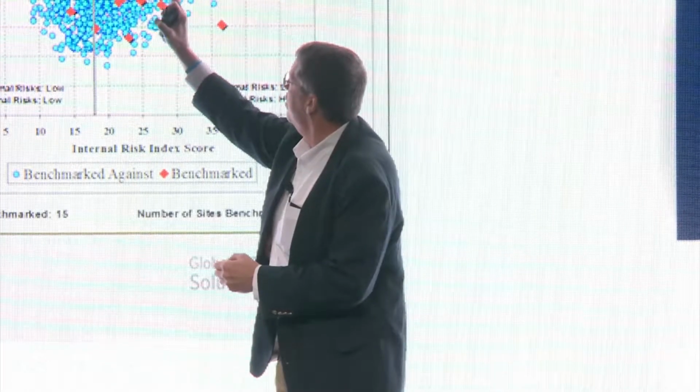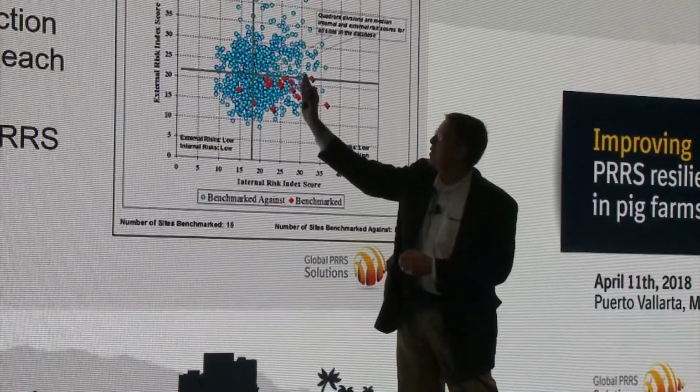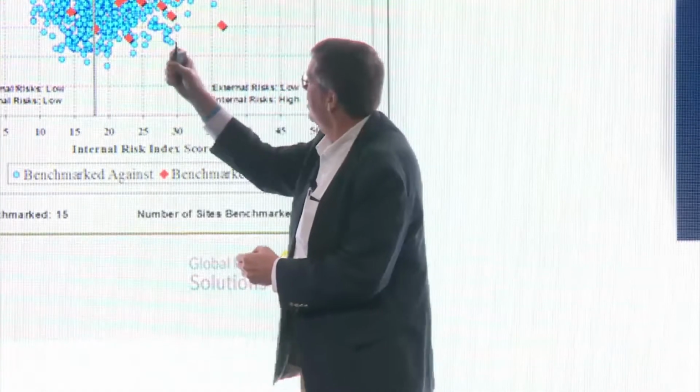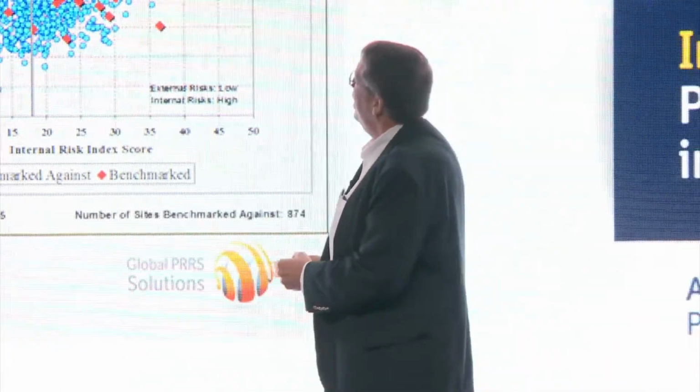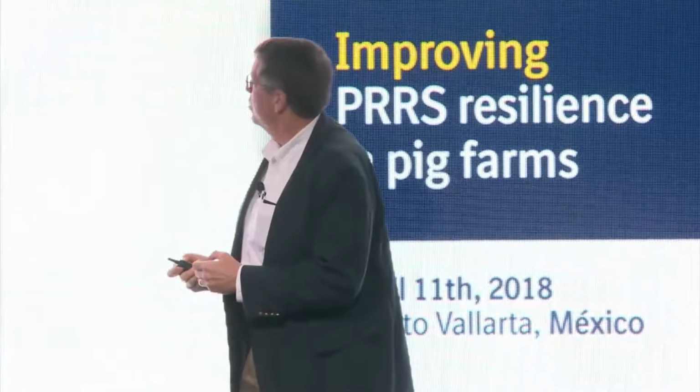In the first year or two, internal risk is reduced from left to right, or from right to left, sorry. But the main thing that happens is that the external risk is reduced. It goes from top to bottom over that 4-year time period. So 2005, 2006, 2007, 2008.